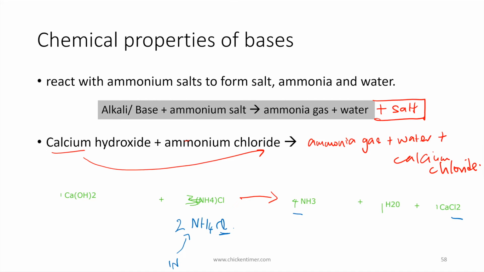Then there's 1 calcium here, 1 calcium here. Since I have 2 nitrogen here, I will put a 2 down here. That will balance the nitrogen.